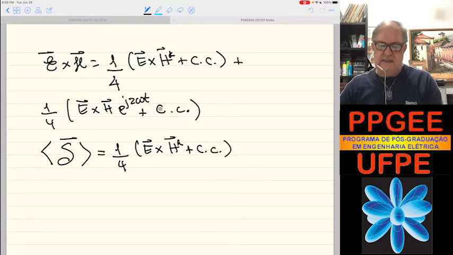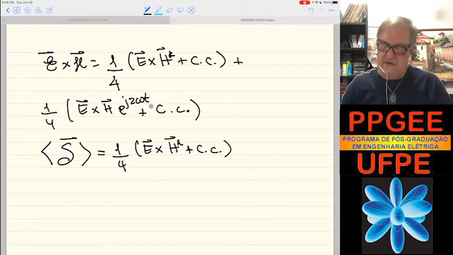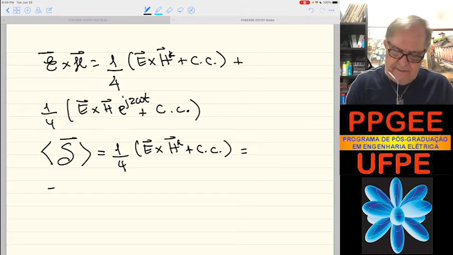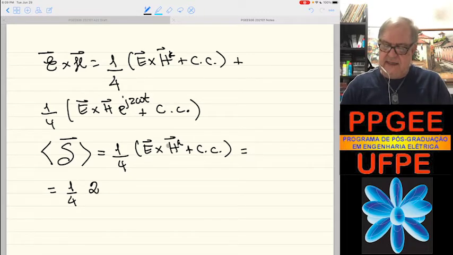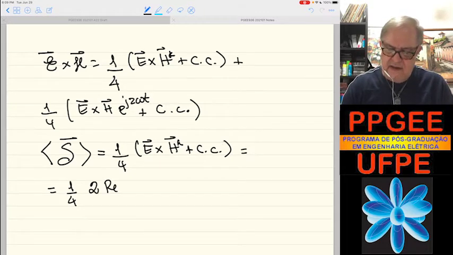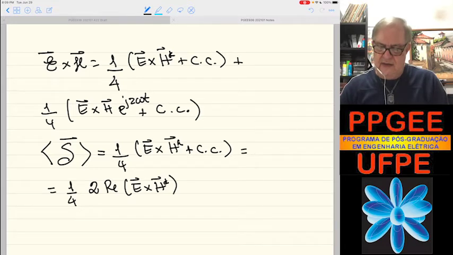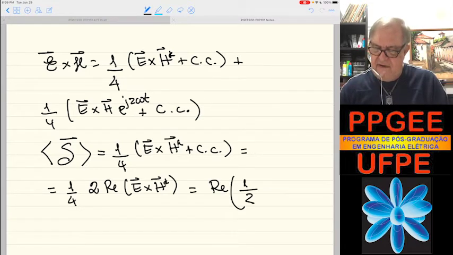And the other things are 0, right? Because the time average is 0. So this is going to be 1/2 of 2 times the real part, because this equals the real part of E cross H conjugate. So this equals the real part of 1/2 of E cross H conjugate.